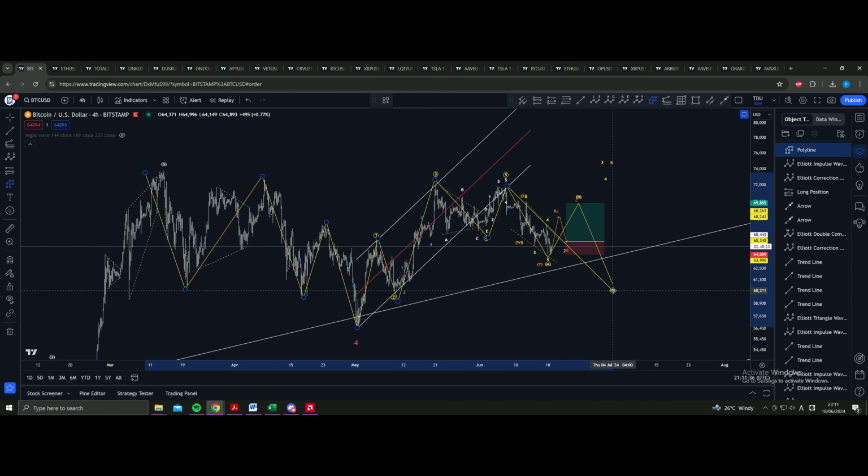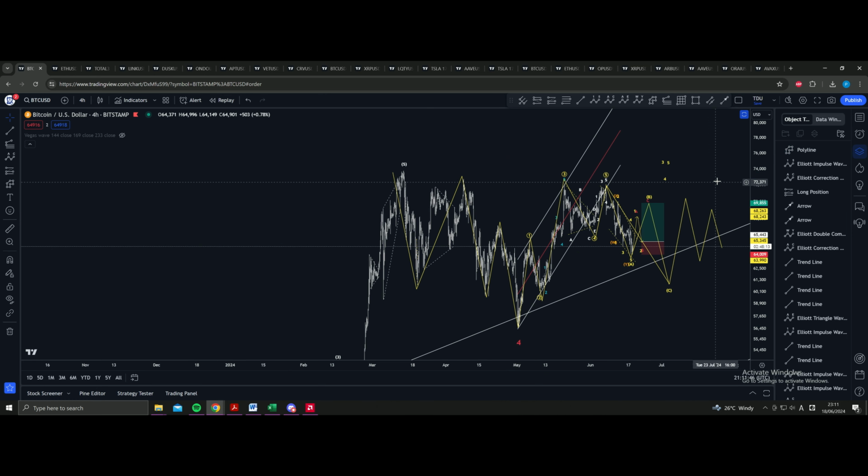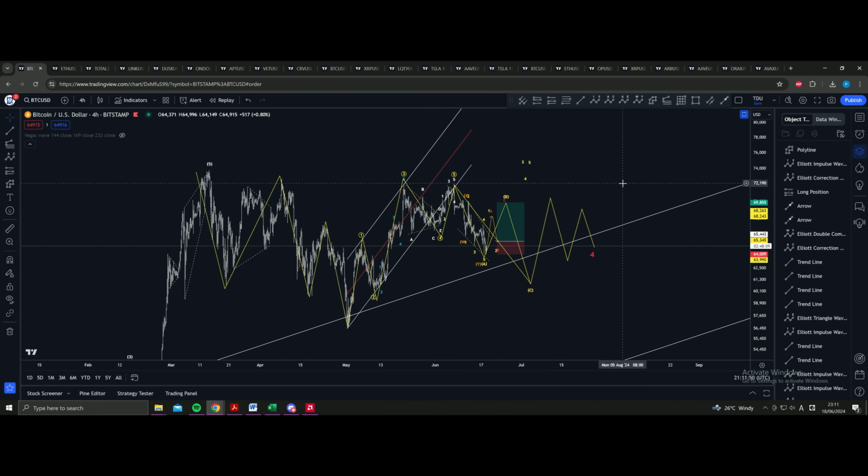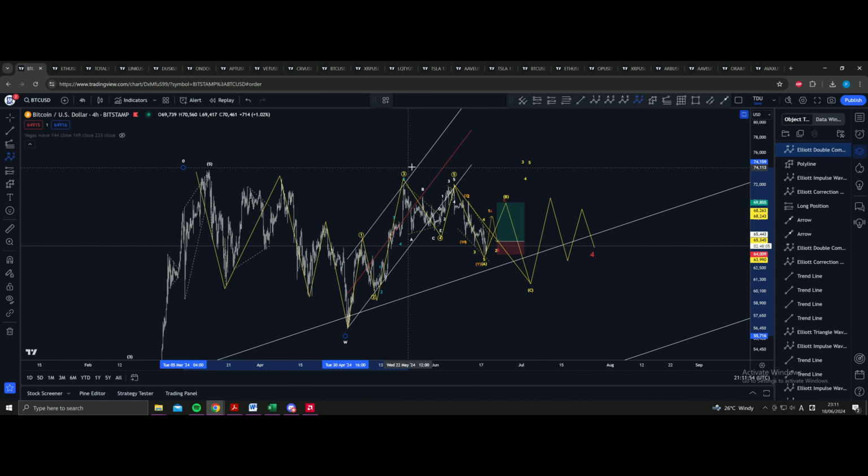Now you can have either a zigzag completion of the Elliott wave pattern, or this zigzag can just be a wave A of a triangle, and then we build the B, C, D, and E, and then we have a terminus of a wave 4 over here. Well, I'm just gonna use a different color to show you what I mean by that.